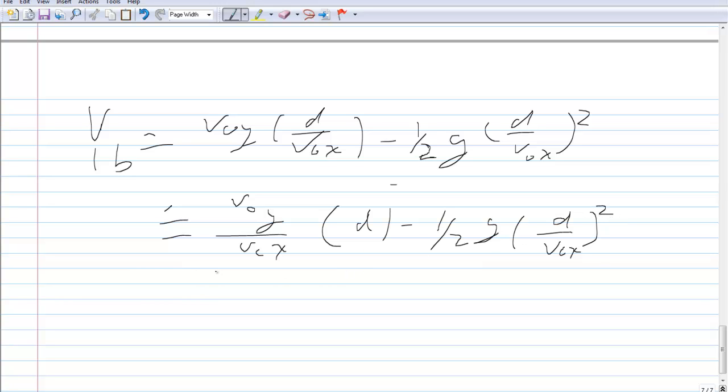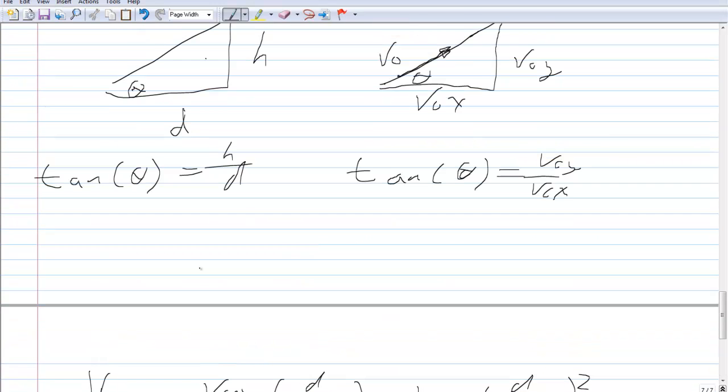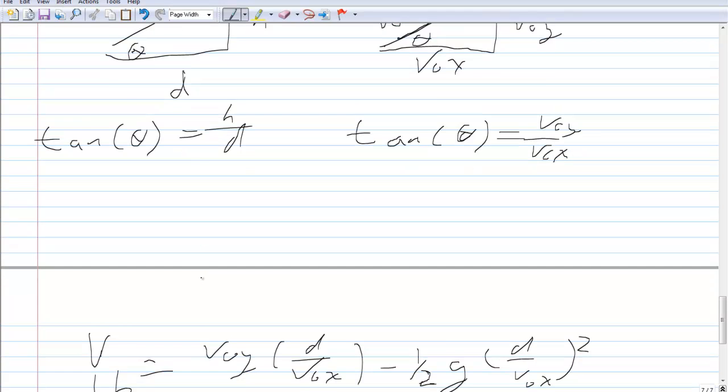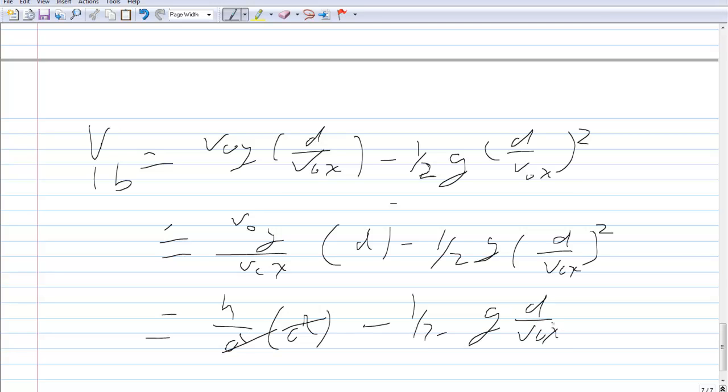So as we said before, tangent theta is going to be equal to v naught y over v naught x, and it's also equal to h over d. So that means we can substitute h over d into here. So h over d times d, we can have the d's cancel. And minus 1/2 g d over v naught x, that is still squared.